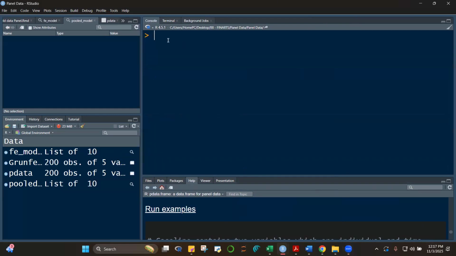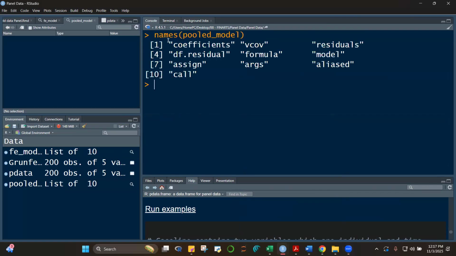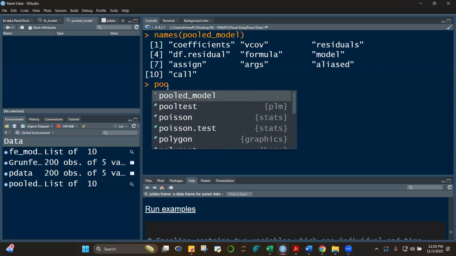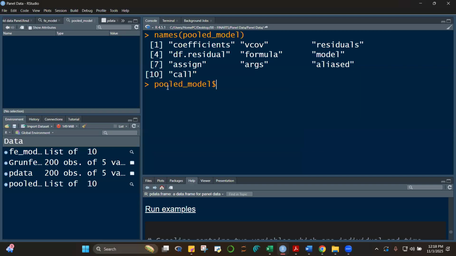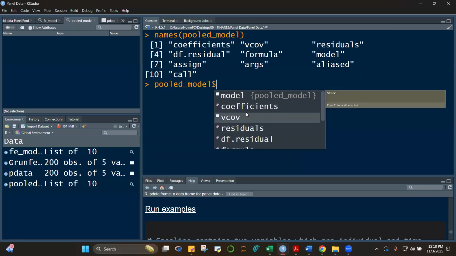Let me check, class. I'll just look at the names of the pooled model. There, no? Okay. Then class, let's look at the pooled. Let's just check if it's working, no? Dollar coefficients.